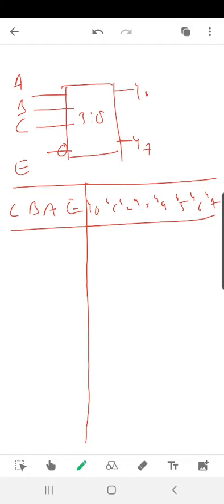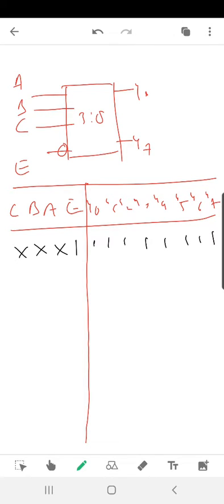First of all, when the enable is 1, irrespective of the inputs A, B, C, all the values will remain at 1 because it is an active low decoder, so it will work only when we have enable as 0. So all the outputs will remain at 1 1 1 1 1 1 1 and 1.